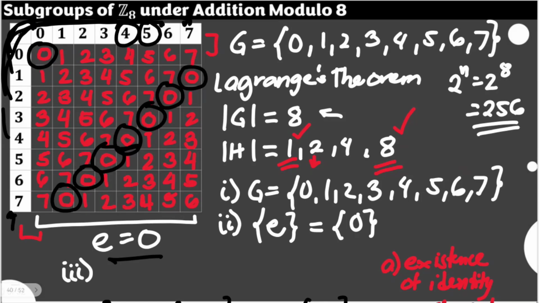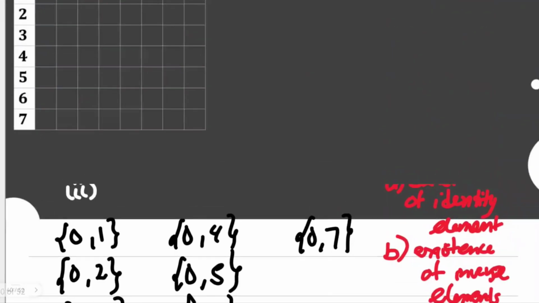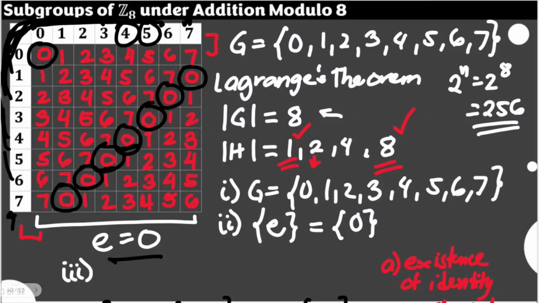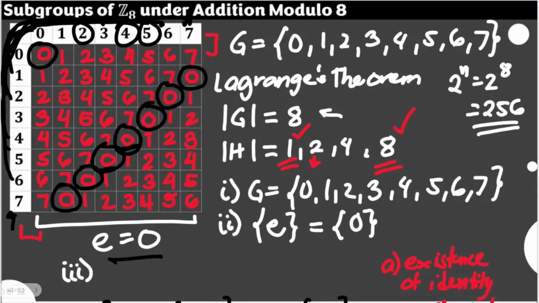Next, for 5 star 3, you will get here 0, the identity element. So the inverse of 5 is 3. Then the inverse of 6 is 2. And finally, the inverse of 7 is 1.